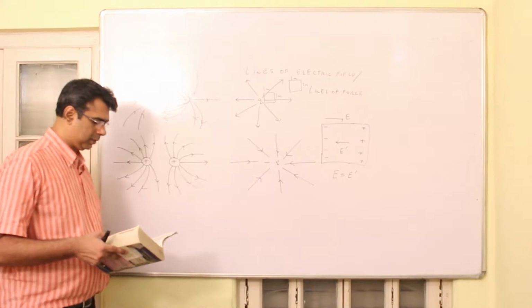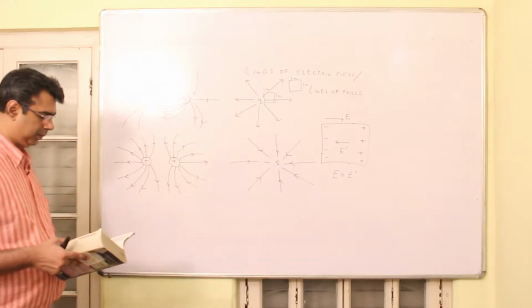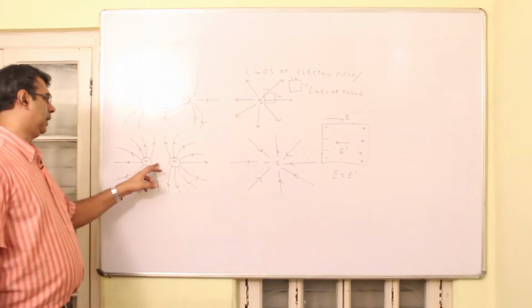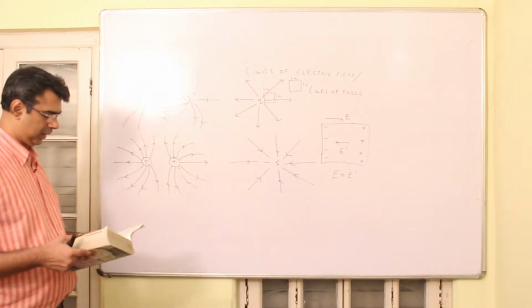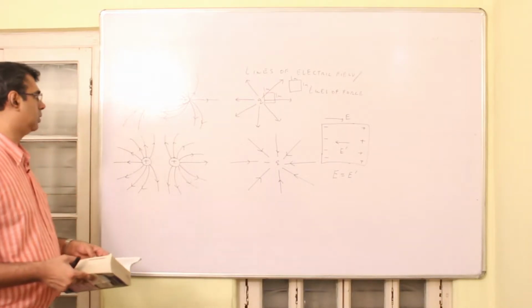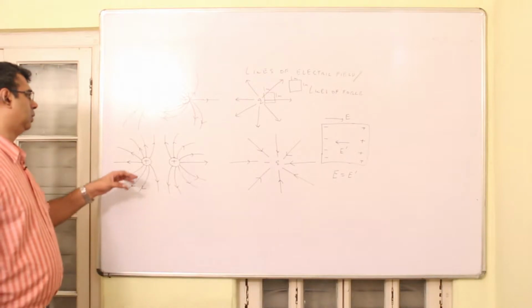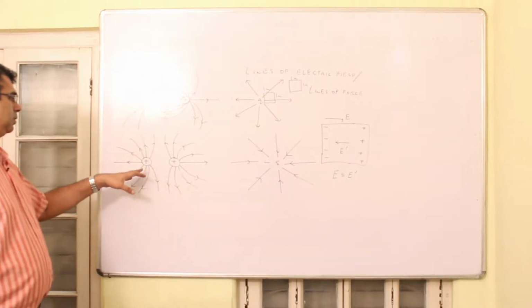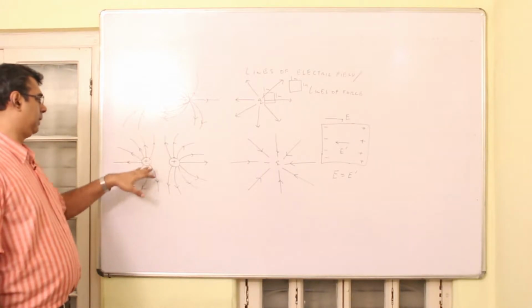Now the next point is similar to the previous one: lines of force tend to separate from each other in the direction perpendicular to the length. You will notice that in this diagram both charges are positive, so the lines of force are trying to separate from each other.